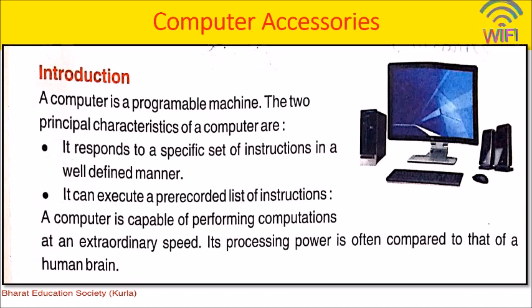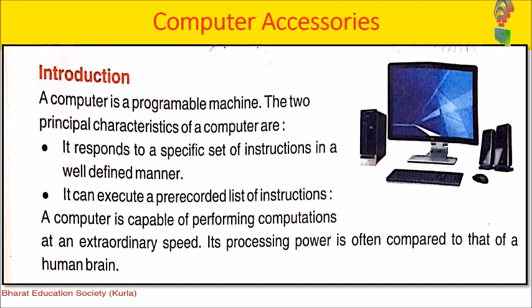Now let us start with the introduction part of computer accessories. A computer is a programmable machine. The two principal characteristics of a computer are it responds to a specific set of instructions in a well-defined manner, and it can execute a pre-recorded list of instructions.